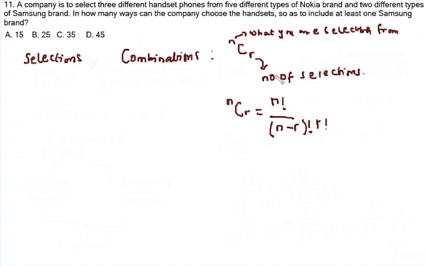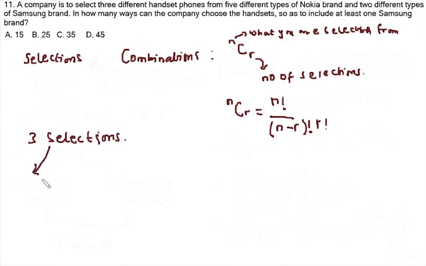Okay, so apart from knowing that we can deal with this problem with combinations, we need to understand the logic behind this question before using combinations to solve the problem. So we are told that we are going to make 3 selections, and then to make those 3 selections we have some set of things to pick from.